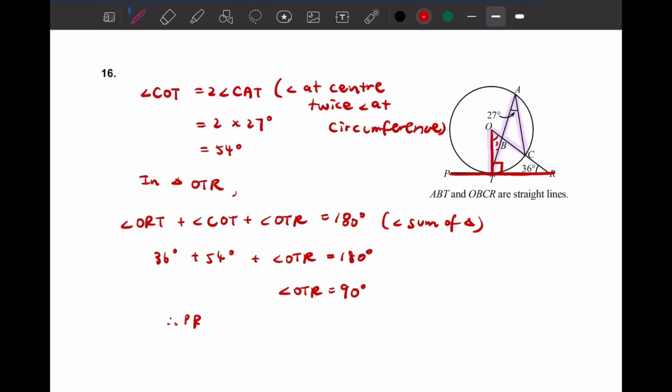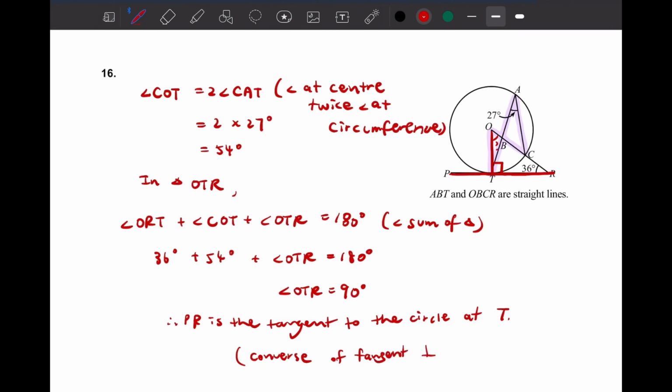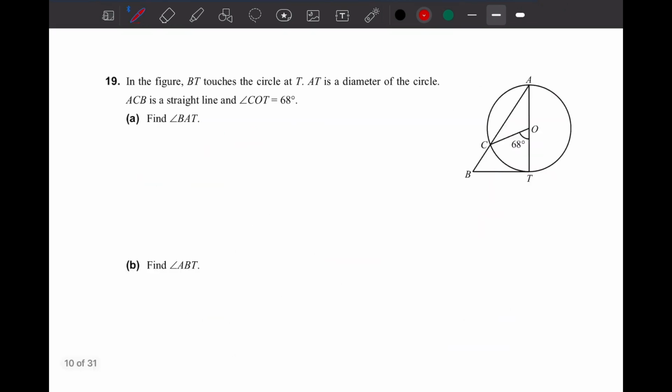So angle OTR is 90 degree. So therefore, PR is the tangent to the circle at T. And the reason is the converse of tangent perpendicular.